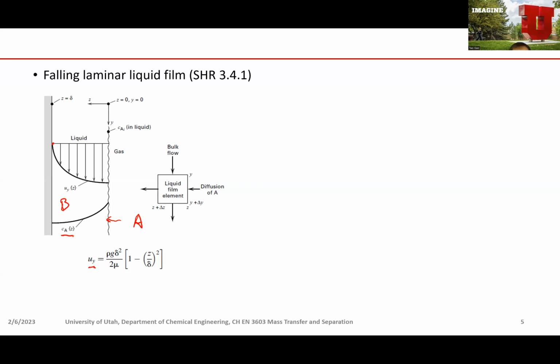If we know the concentration difference between the surface and at the wall, then as long as we know the mass transfer coefficient, we can solve for the mass transfer flux. Okay.